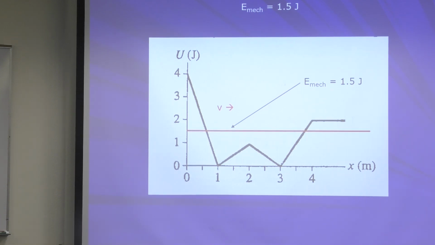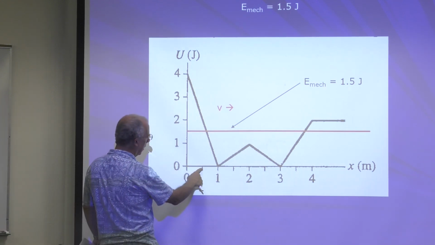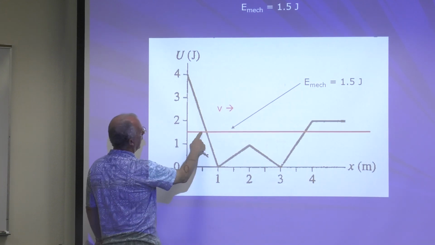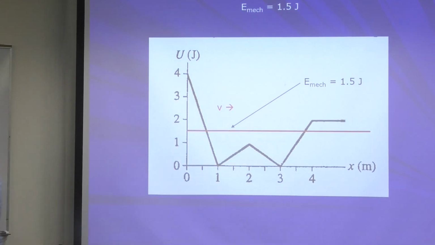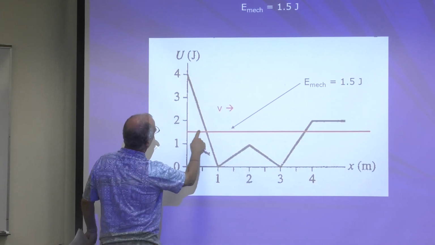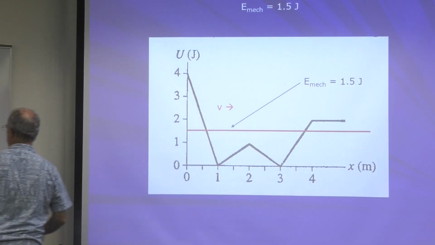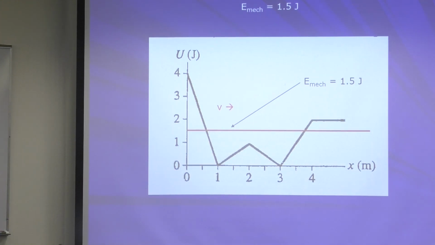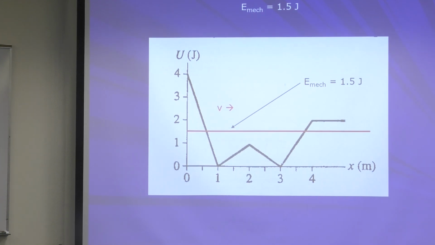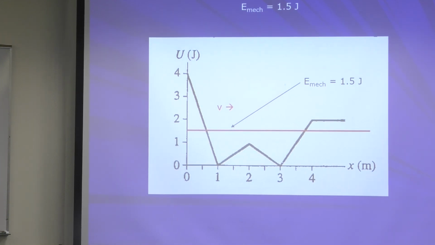And so K equals E minus U. Now look, though. Right here, at x equals 1/2, the E is 1.5. But what's U? Well, U is something like, let's say 2.5. So 1.5 minus 2.5 is minus 1 joule.